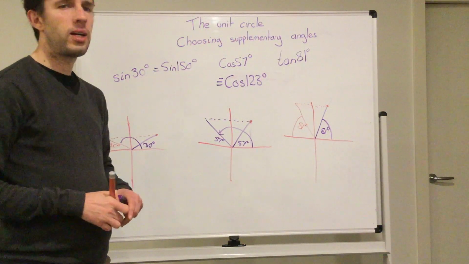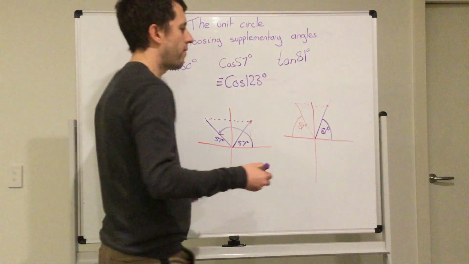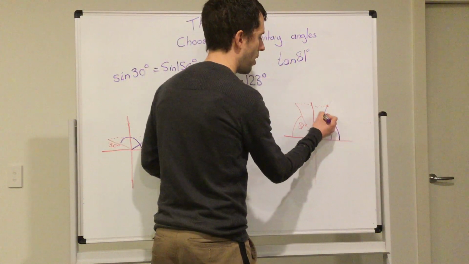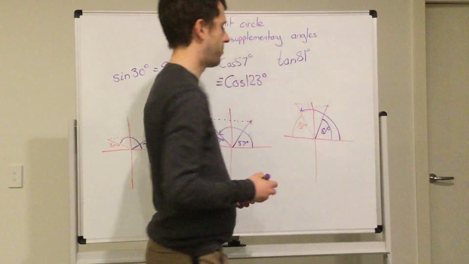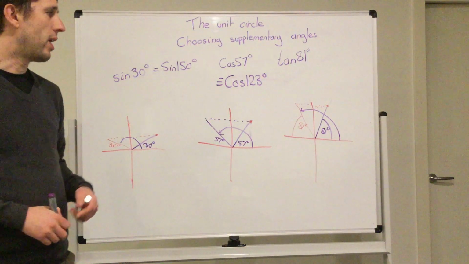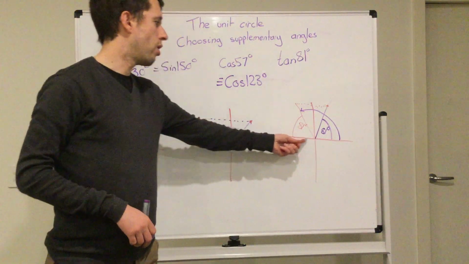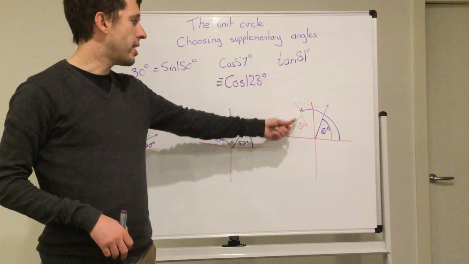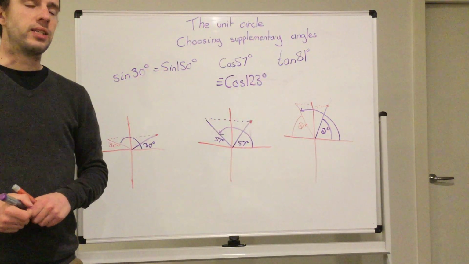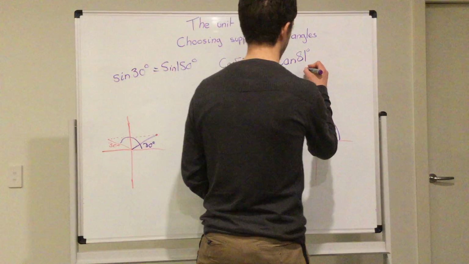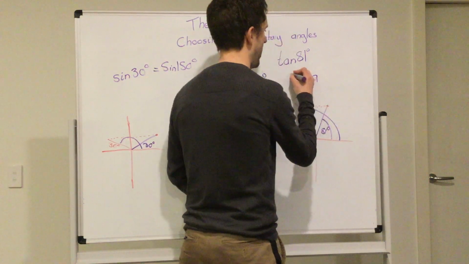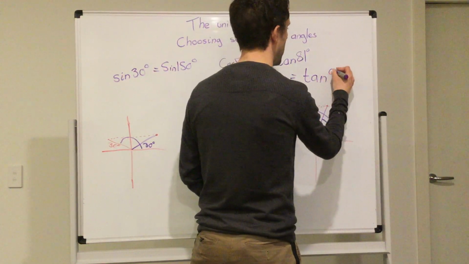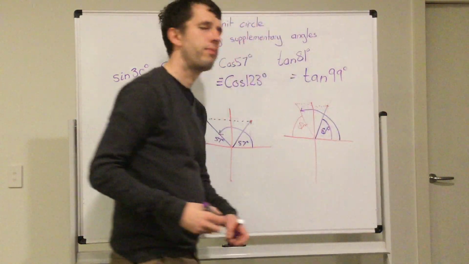So that's just letting me think. If I've got 81 and I want to go all the way to this line, a complete straight angle is 180 degrees. So I'm just going 180, take 81 degrees is 99. So my answer so far is 99 degrees.